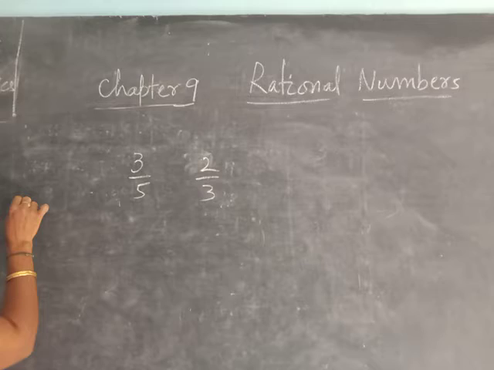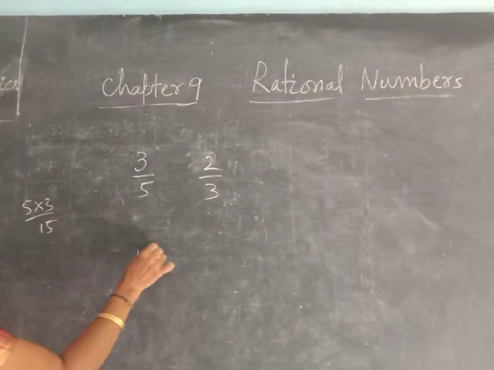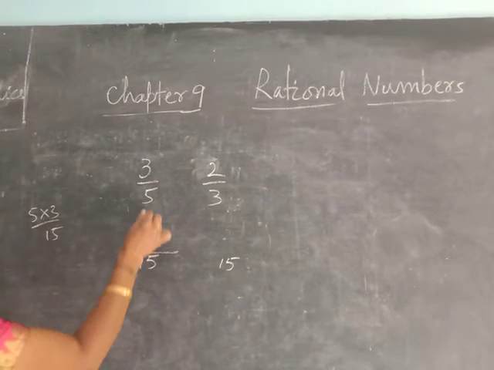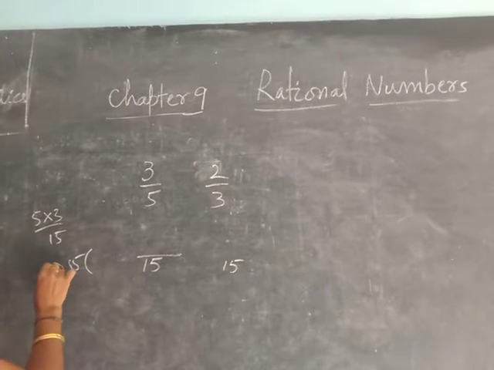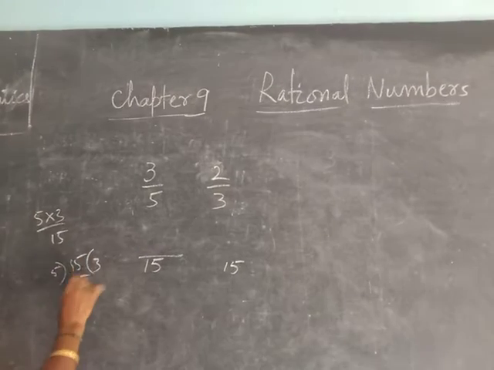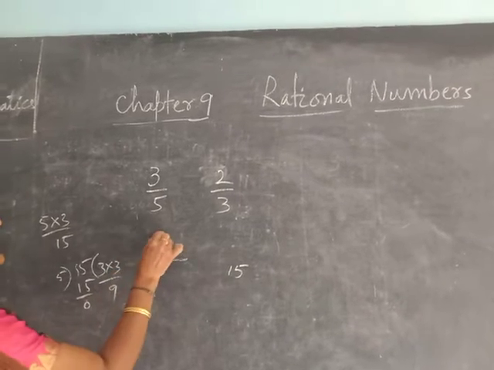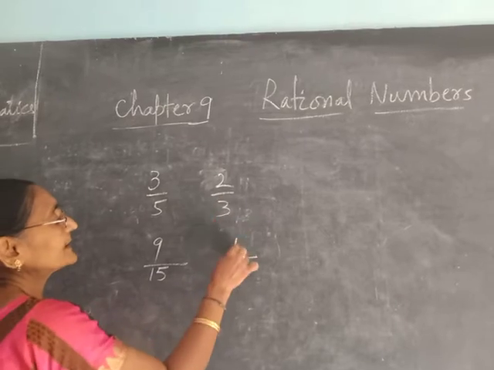Then take the LCM of 3 and 5. How much is it? 15. So the LCM is 15. Then how much will come? LCM divided by denominator: 15 divided by 5 is 3, then multiply with the numerator 3, that is 9. 9 by 15 came. Then here, 15 divided by 3 is 5, and 5 times 2 is 10.